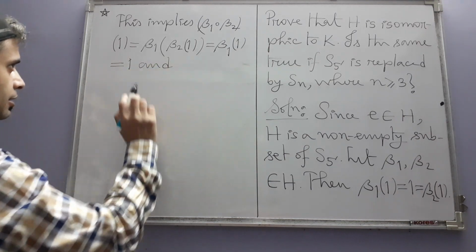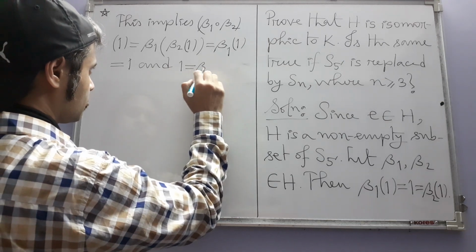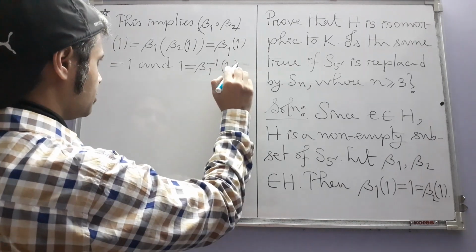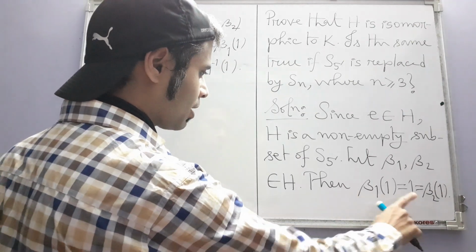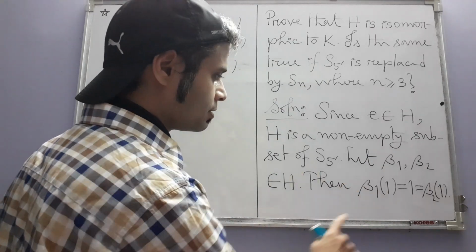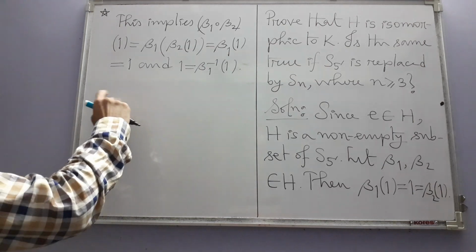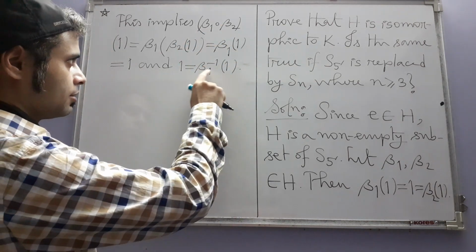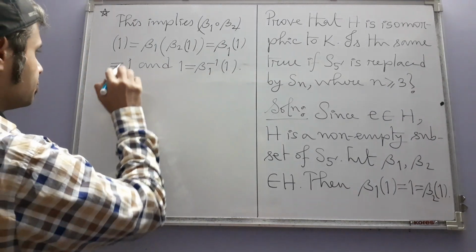And the other thing that we get from this is that the beta 1 inverse image of 1 is also 1. For that you just apply beta 1 inverse to both sides of this first equation. So we see that the image of 1 under beta 1 composition beta 2 is also 1, and the image of 1 under beta 1 inverse is also 1.